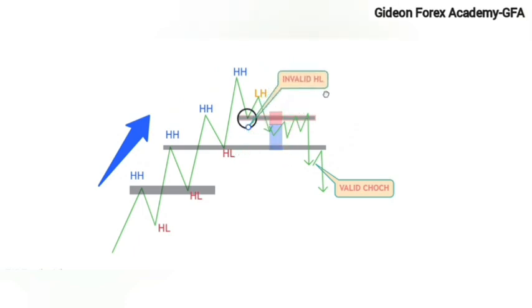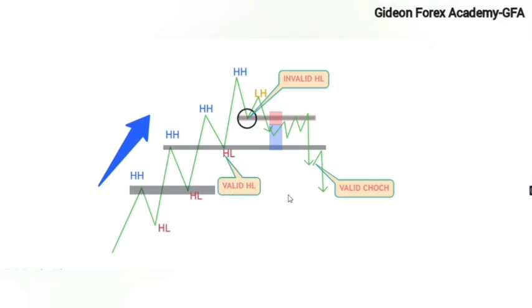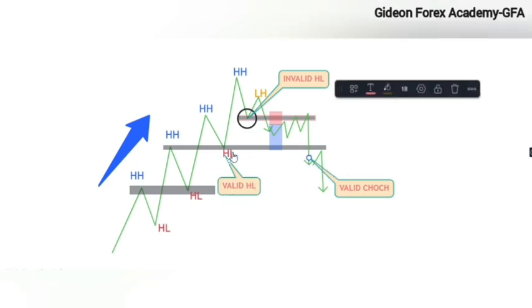This is an invalid higher low. And this would be the valid higher low. This is the most recent valid higher low. So a valid change of character happens when the valid higher low is broken around here.